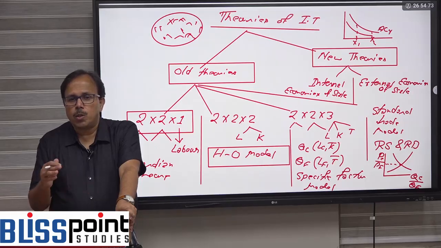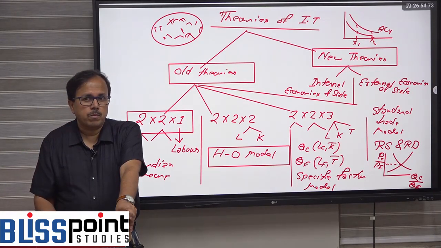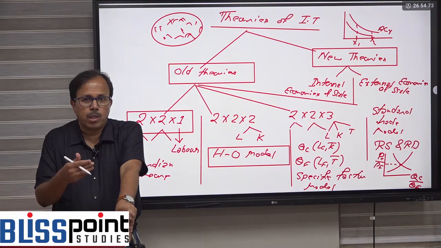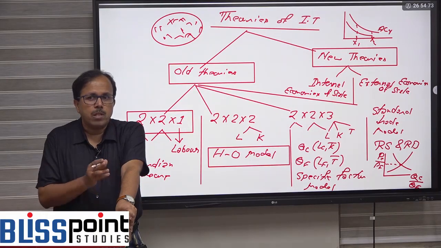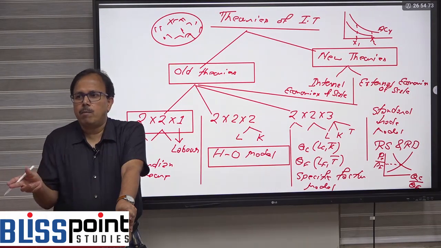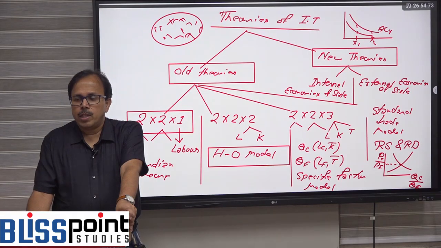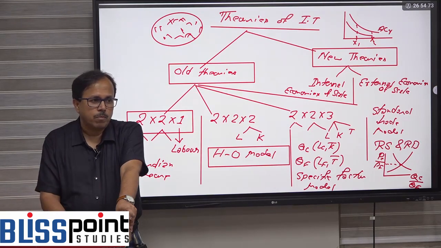There are other theories also, like trade arises due to technological gap also. Why are we importing a lot of capital intensive goods and new goods produced in the developed countries? Because the technology available in that country is different and the technology available here is different. So trade also arises due to technological gap. So the technological gap model is also there.